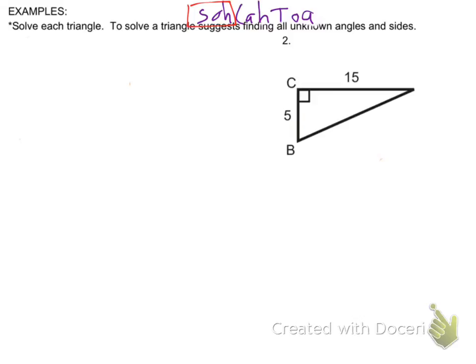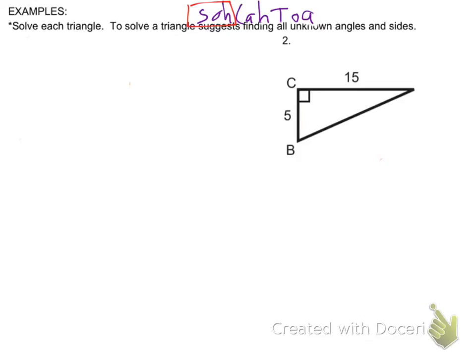So problem number 2, it says basically solve the triangle. Now, how many pieces do we need to officially solve for here? 2, 3. I got 2 angles and the hypotenuse to solve for. There is no hypotenuse.